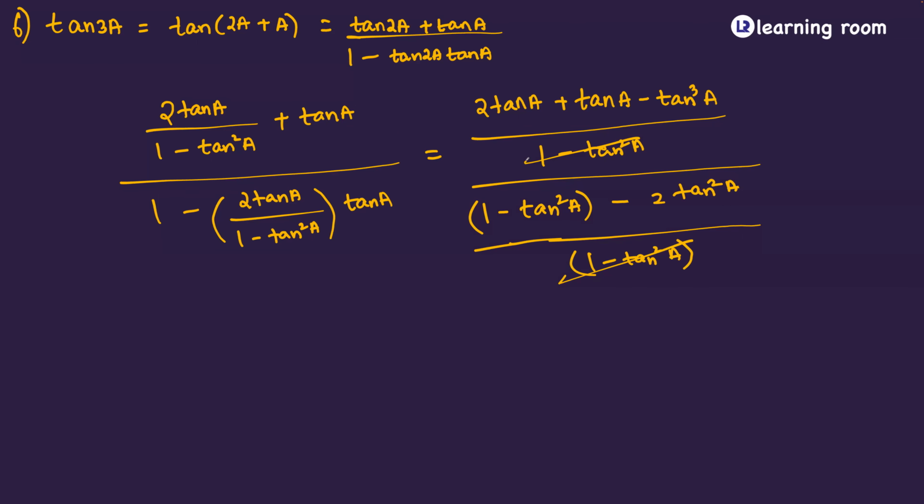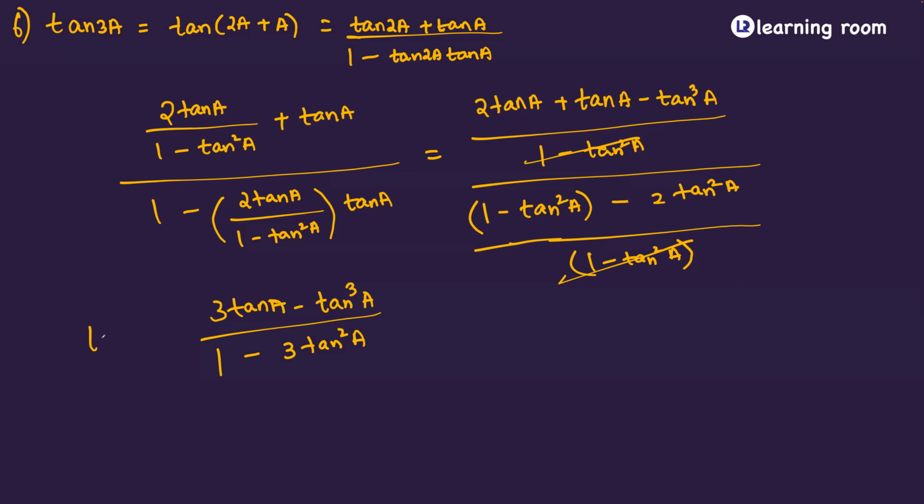So 2 tan a plus tan a is going to be equal to 3 tan a minus tan cube a, the whole divided by 1. See, minus tan square a minus 2 tan square a is minus 3 tan square a. So 1 minus 3 tan square a.